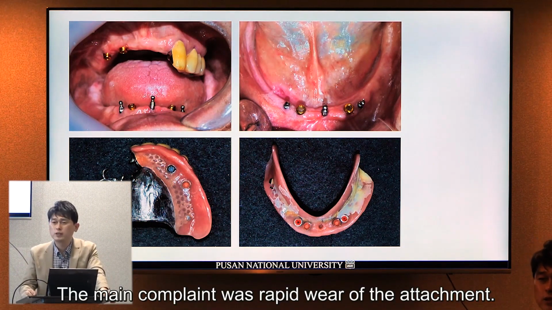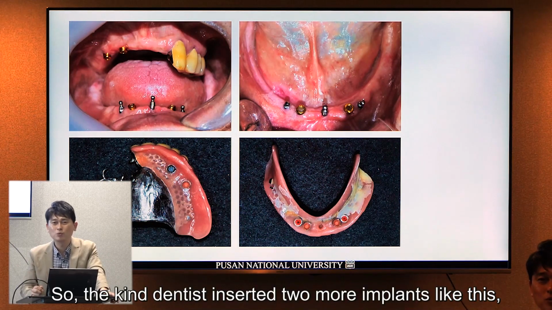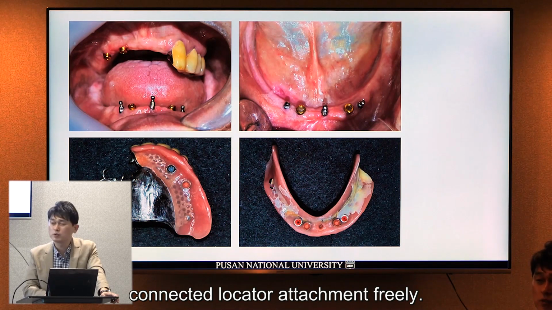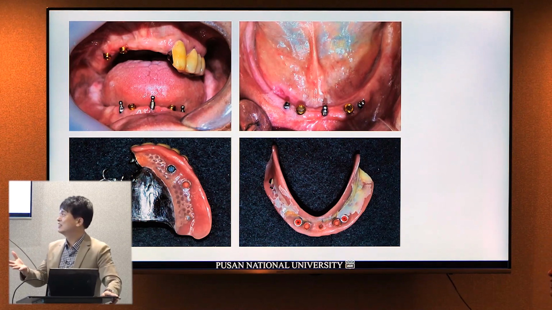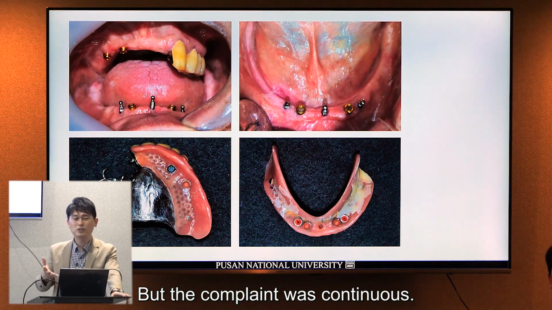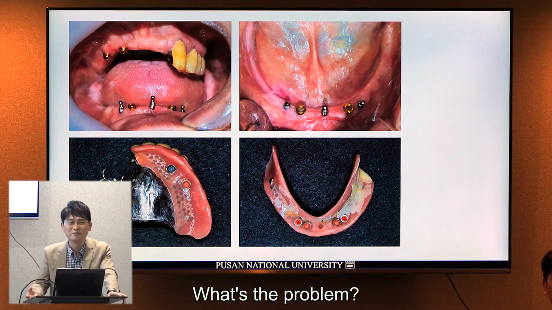The main complaint is the rapid wear of the attachment. So the kind dentist inserted two more implants like this, and then connected locator attachments freely. But the complaint continued. What's the problem?